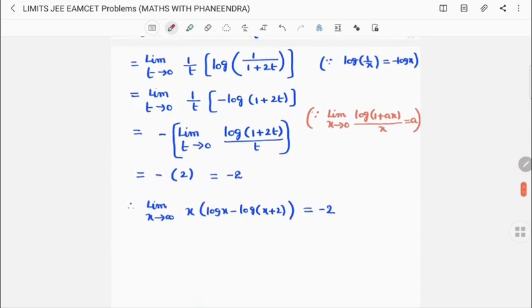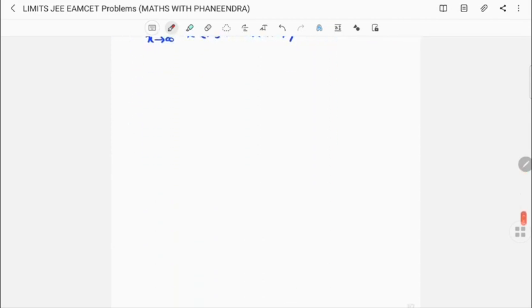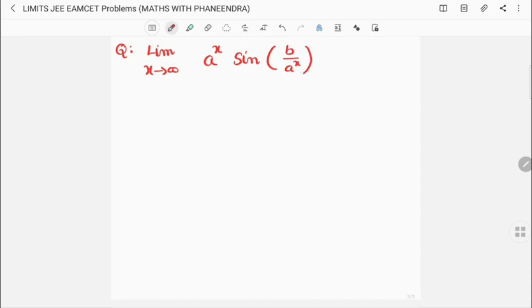I hope everyone completed. Another question: limit x tends to infinity, a power x into sine of b by a power x, a good question, where a is greater than 1.